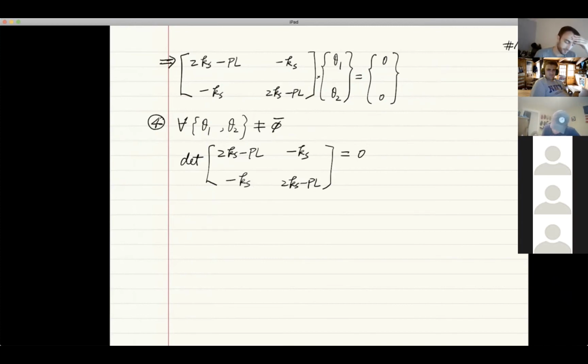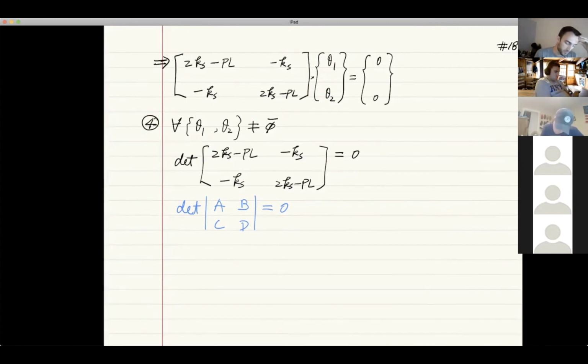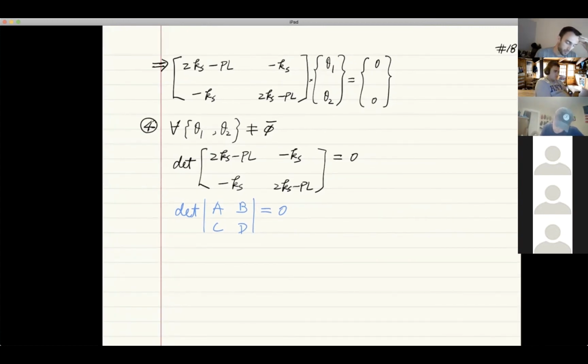If you remember this from, I don't know where you learned, linear algebra. Suppose you have a matrix and it has 4 elements, A, B, C, D. The determinant of this matrix to be 0, that simply means A times D minus B times C must be 0.